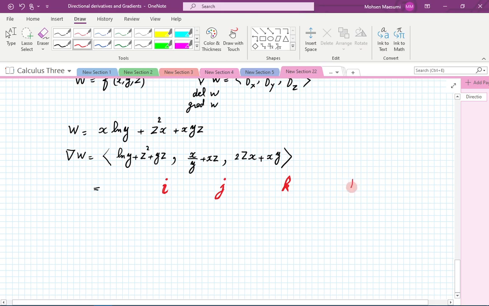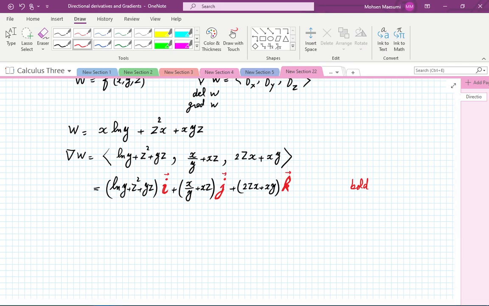So when you write it on WebAssign, be careful that these have to be bold. Unfortunately we are going to be sticklers about that. It has to be correct so that we notice that these are actually vectors. So the i component is log y plus z squared plus yz, the j component x over y plus xz, and the k component 2zx plus xy, if I haven't missed anything. So bold vectors; in handwriting sometimes you put arrows on top of them, but on WebAssign you just choose i, j, k as bold.